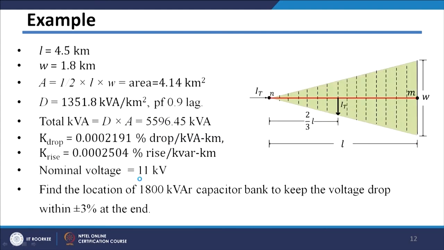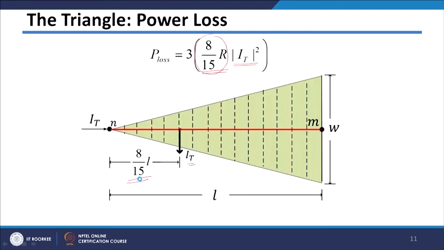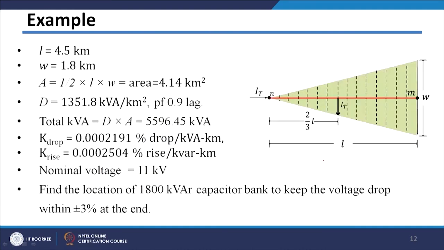So we have got the voltage drop equation and the power loss equation. Let us see this example here. In this triangular area I have considered the length of the feeder, which is 4.5 kilometer, and the width is 1.8 kilometer.